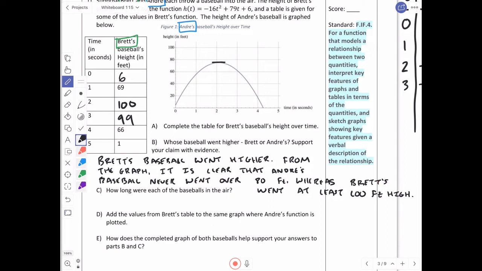Okay. How long were each of the baseballs in the air? Let's see. So, Brett's at 5 seconds is 1 foot high, so it's got to be a little more than 5 seconds.